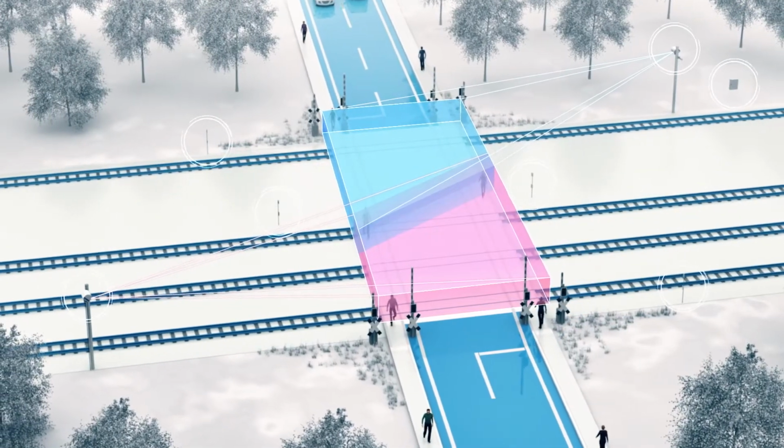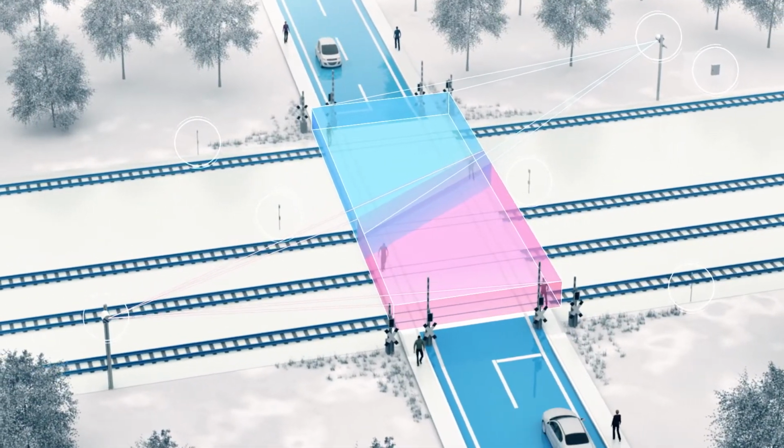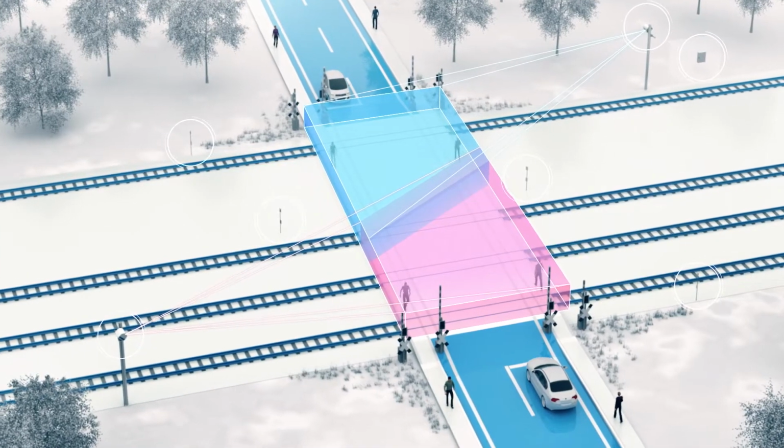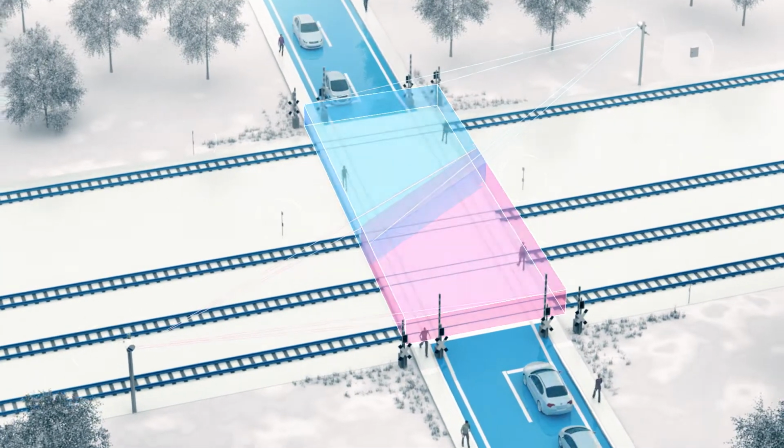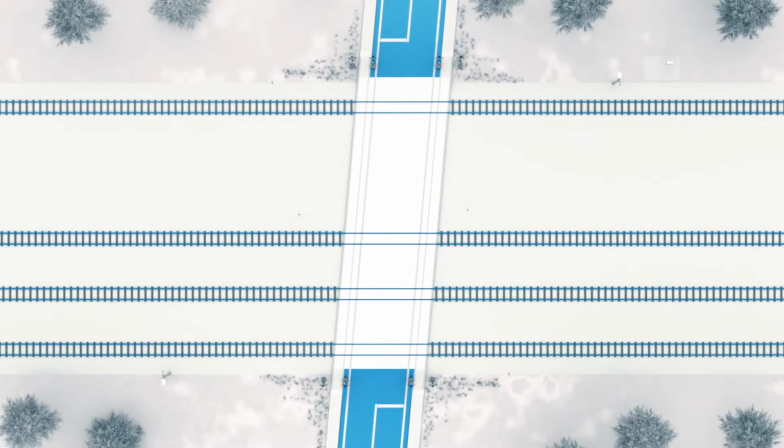In the case of larger level crossings, 2 3DLRs are used to cover the detection zone. There's no risk of laser interference between the 2 3DLRs.